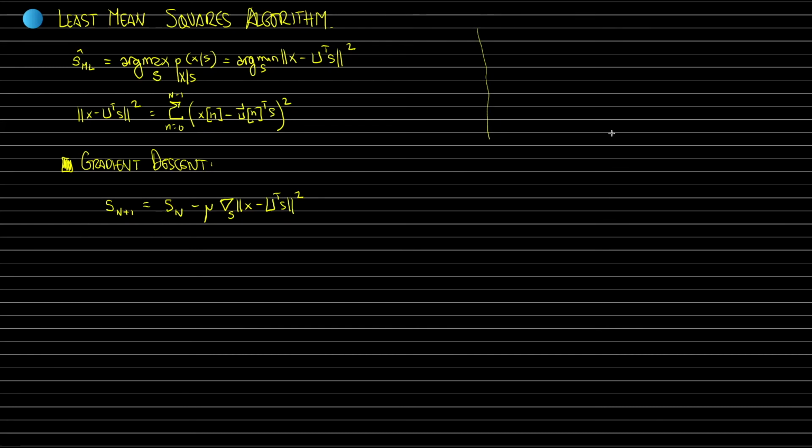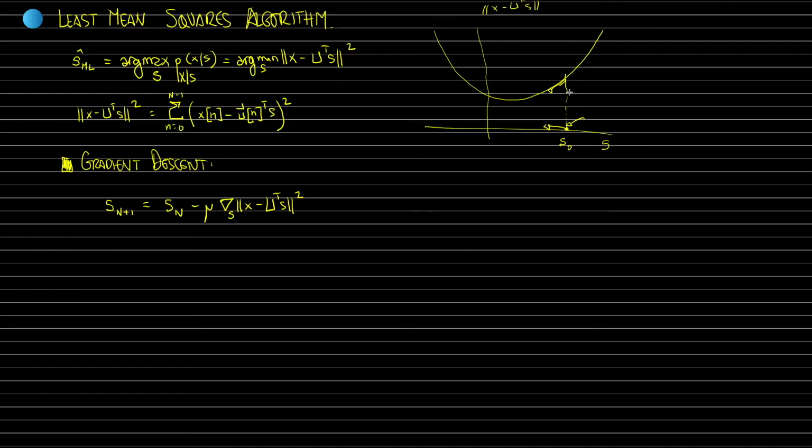Basically, the idea of gradient descent methods is that if we want to minimize a function which depends on S, in this case the norm of X minus U transpose S, we can start from an arbitrary value of S0, and modify it iteratively just by modifying our estimate in the direction where the slope of the function that we want to minimize decreases faster.